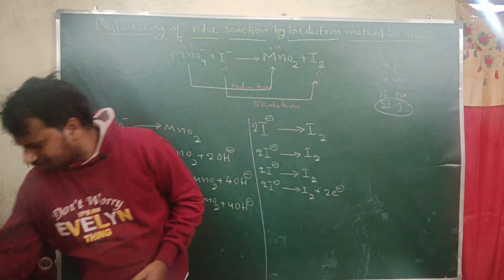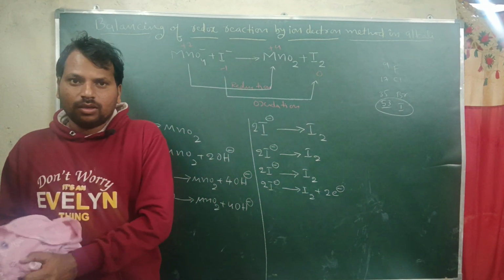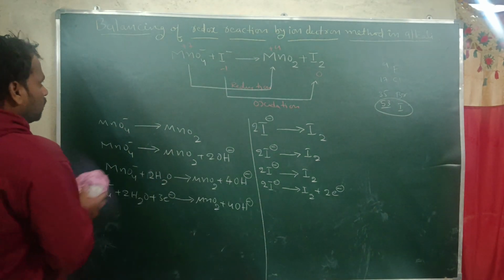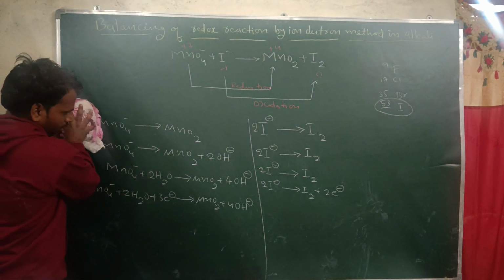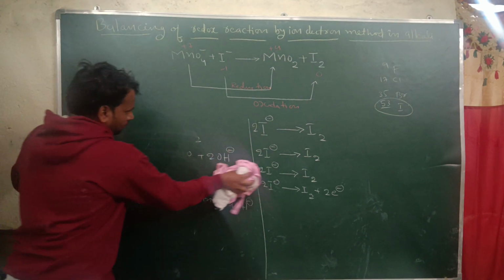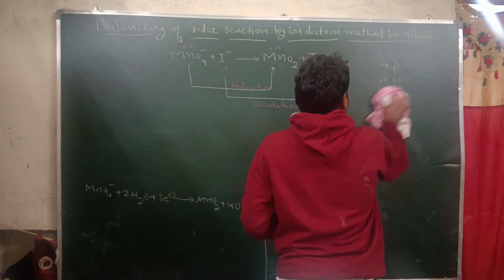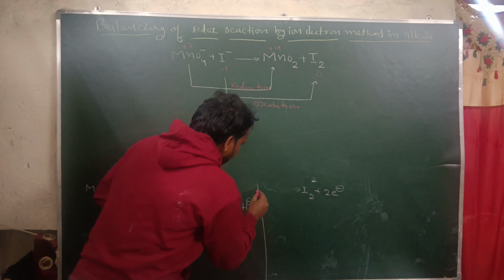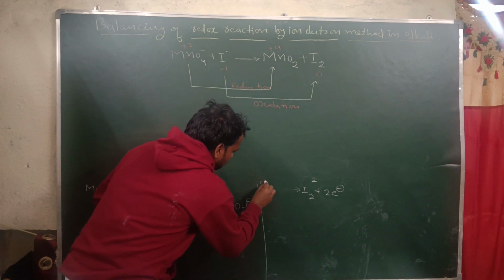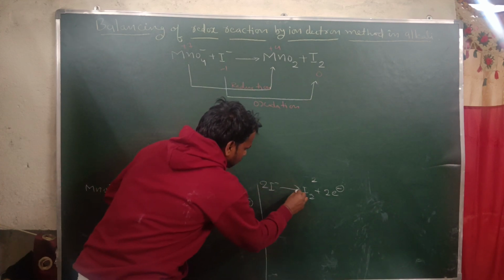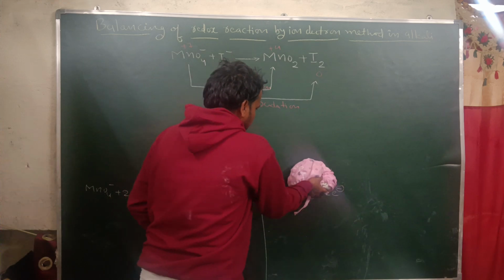Next, let me see, we can balance the charges. So 2I minus gives rise to I2 plus 2 electrons.